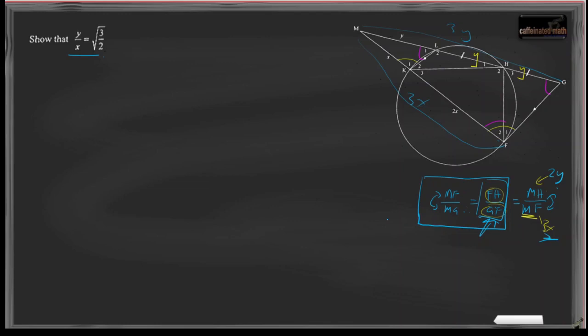So I'll state it as GF over FH being equal to MG over MF. Why is that? Well, again, it's because triangle MFH is similar to triangle MGF.